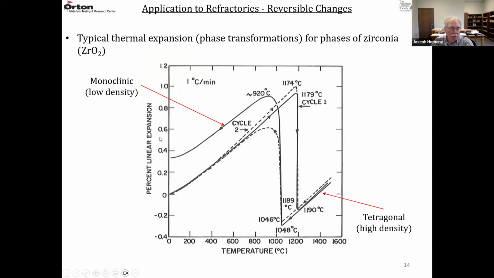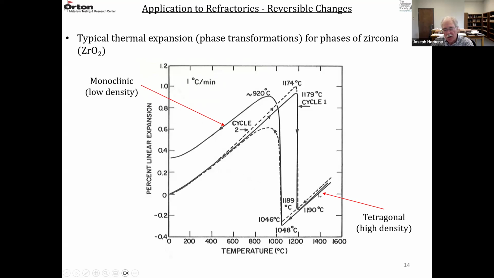So if you plotted thermal expansion versus temperature, and we'll look at the solid curve, that's cycle 1. You start out at 0, you heat it up, and you have normal expansion. This is the monoclinic phase. In this case, at 1174 degrees C, you hit that temperature, you transform it to tetragonal, which is higher density, so there's a volume decrease.